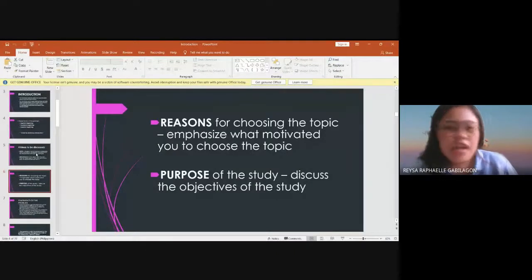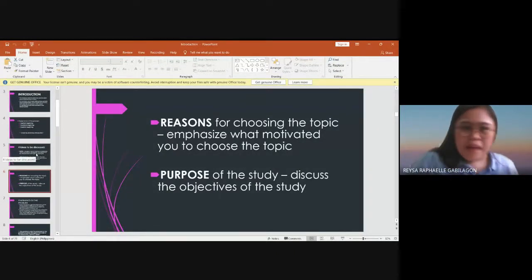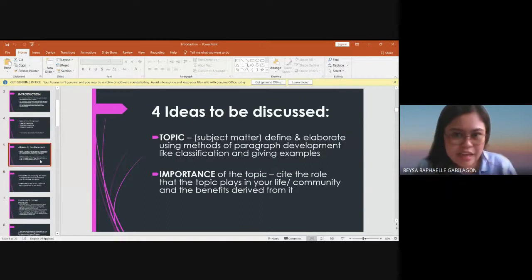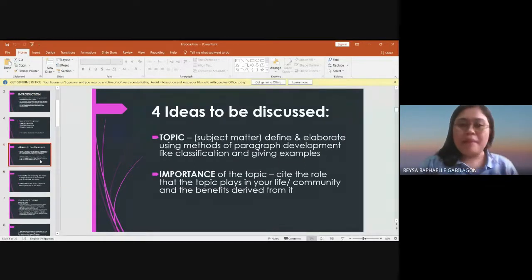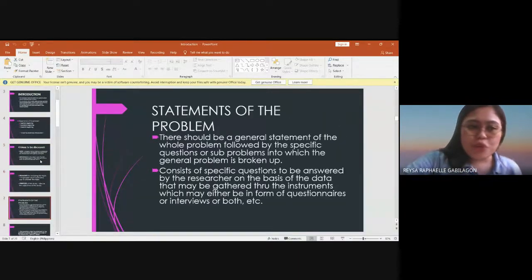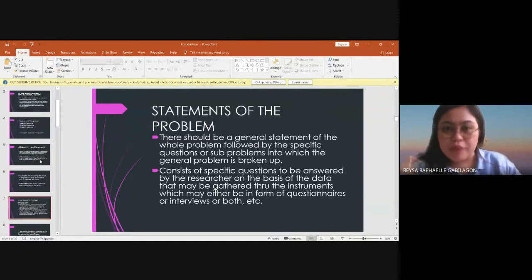Ang kailangan lang talaga natin gawin, ma-establish natin ang urgency, why are we going to conduct the study, and ma-clarify lahat about the problem. So, ma-inform natin ang reader natin about the problem at hand and what are we going to do. And then the next part will be the statement of the problem. Syempre sa statement of the problem, you can state this either in a question form. Most of the time we use the question form, right?